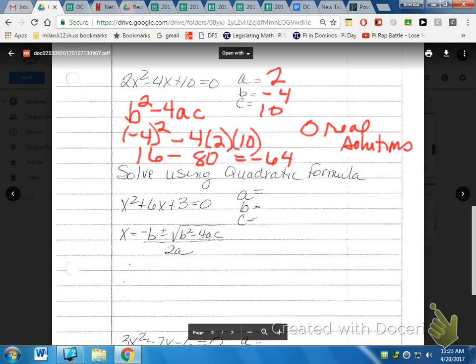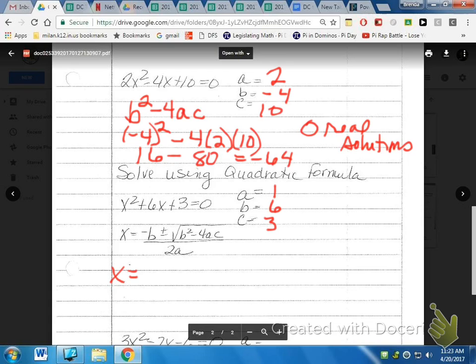Now we are actually going to solve using the quadratic formula. So x squared plus 6x plus 3 equals 0. So it's already equal to 0, so we're good to go. A is 1, B is 6, and C is 3.